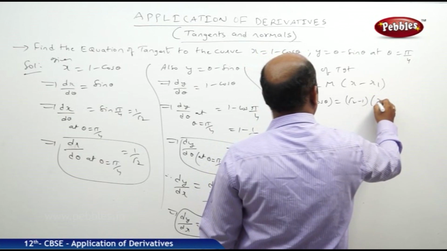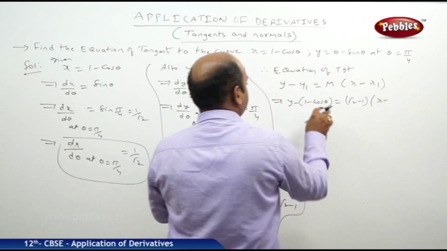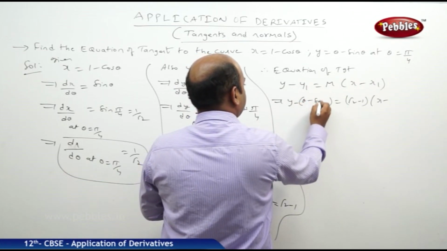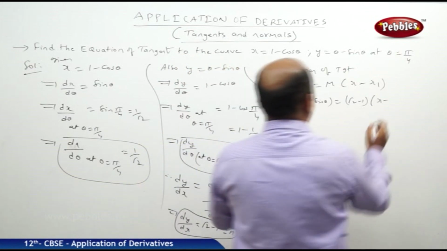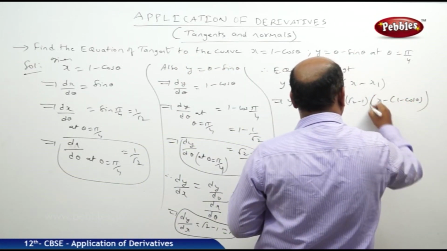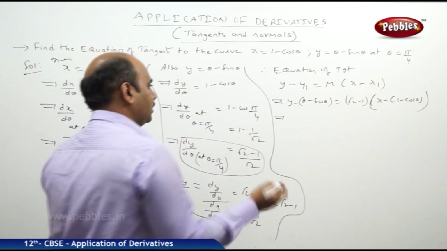Root 2 minus 1 into x minus x1. In place of y1 I need to write theta minus sin theta, and in place of x1 I need to write 1 minus cos theta, and I kept a big bracket. But in place of theta I need to write pi by 4 only.